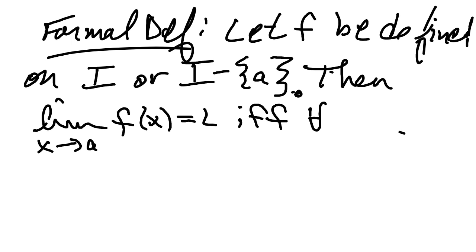For all epsilons greater than 0, sorry, there's a little smudge there. For all epsilons greater than 0, so what's epsilon? Epsilon is a tiny number. So for any tiny positive epsilon, there exists, oh wait a minute, you guys don't know this notation yet.